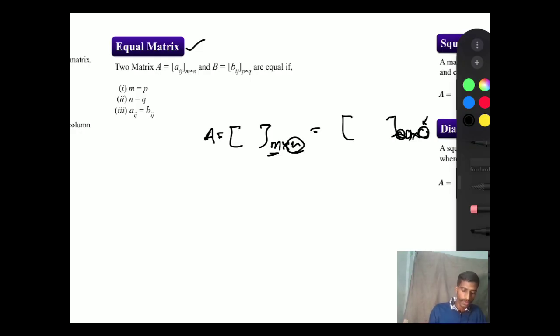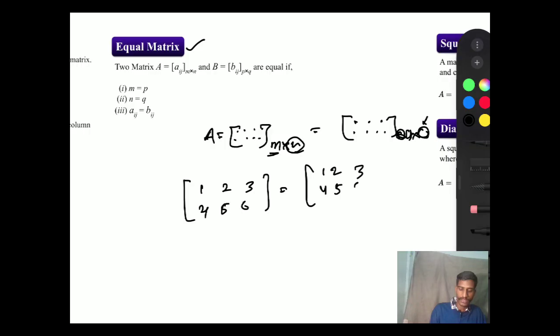The second condition is that the elements in the matrices are equal, like the numbers are the same. Like 1 2 3 4 5 6, and here 1 2 3 4 5 6, then these two matrices are equal.